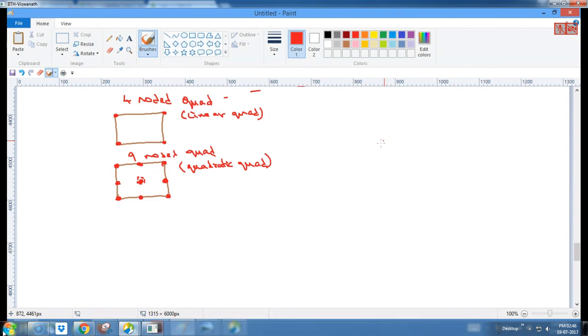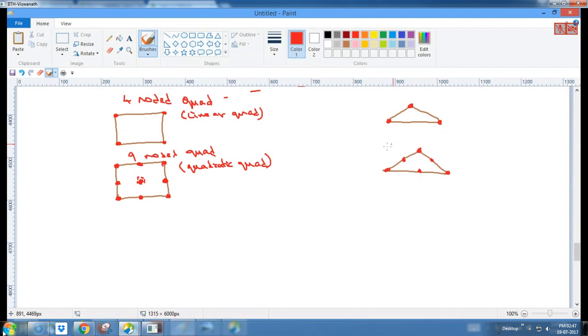Similarly, you can also draw a triangle, the same triangle, with nodes like this, or one node here, one node here, one node here, and one mid node at every side.